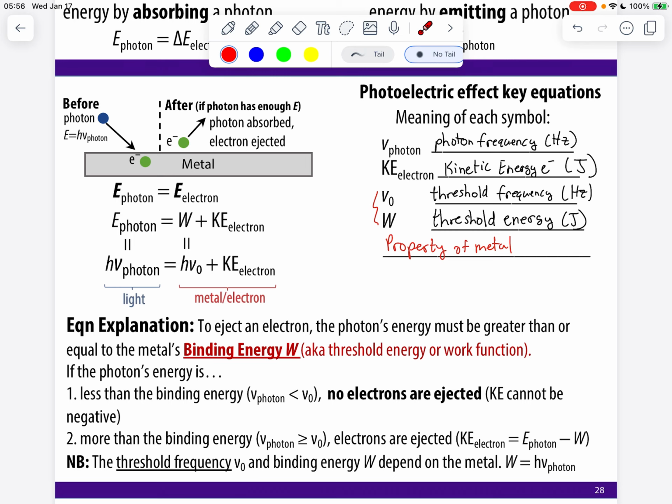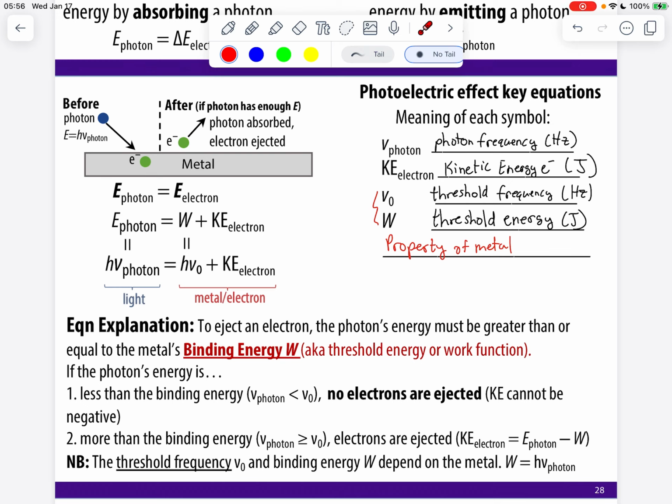Then if it has enough energy, it's going to be able to absorb the photon and eject the electron. The ejected electron, again, in the equations here, W is the binding energy or threshold energy of the metal, the energy holding the electron into the metal in the first place, and then the kinetic energy of the electron is how fast it's moving after it gets ejected.